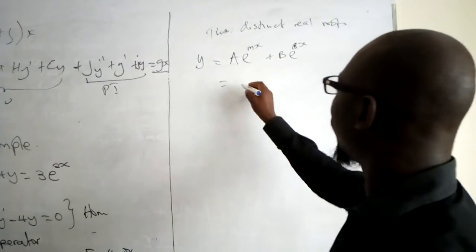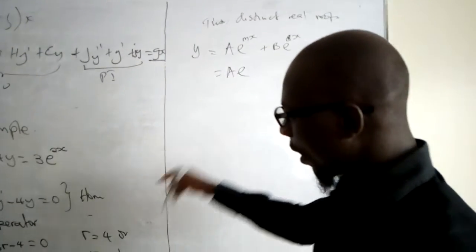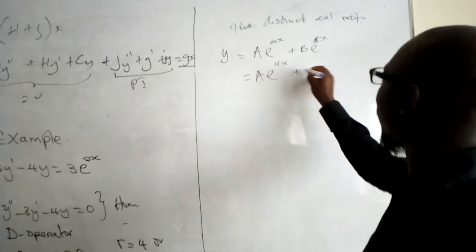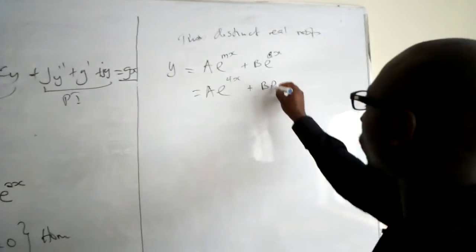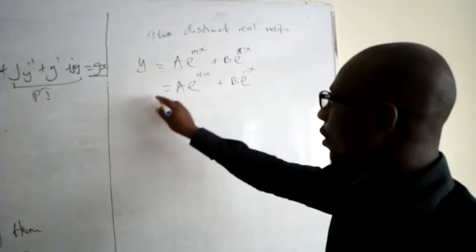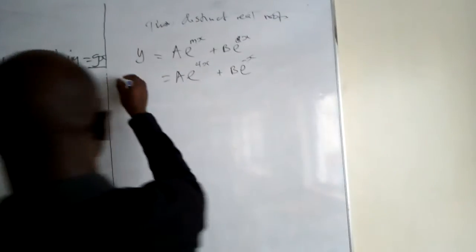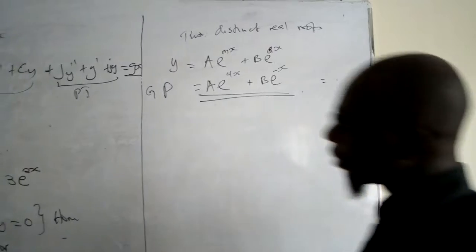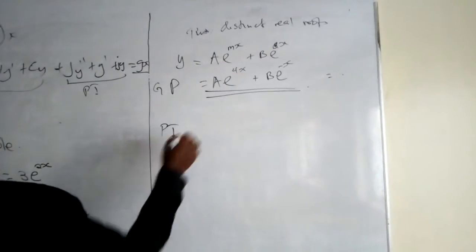This gives us a exponential of 4x plus b exponential of negative x. So this is our general solution. But we know very well that this one is actually equal to 0. So let's get the particular solution.